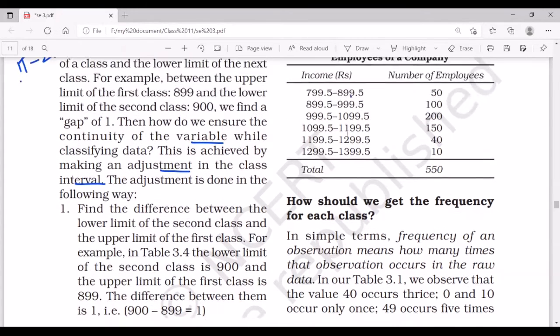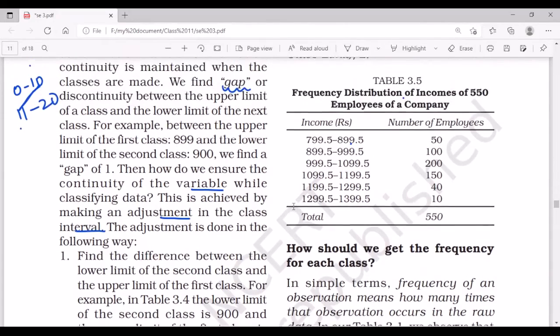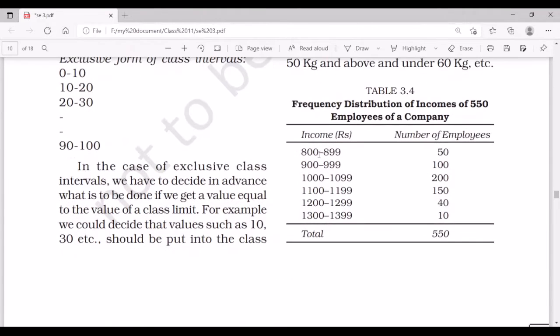So in this example, in table 3.4, you can see that it is 800 to 899, and in the second class interval, the lower limit is 900.